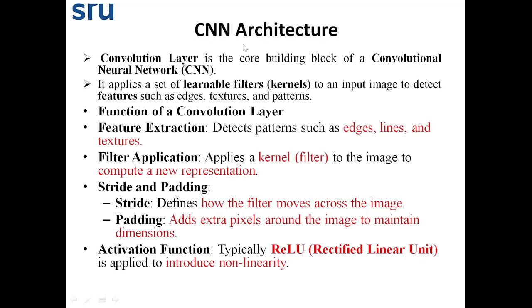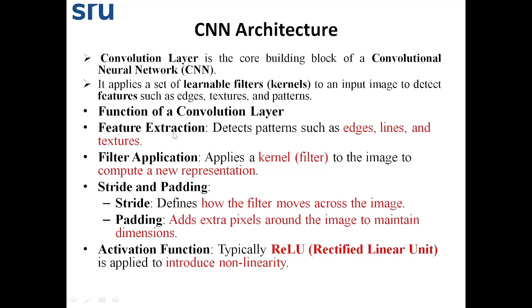Convolutional neural network architectures. Convolutional layer is the core building block of convolutional neural networks. It applies a set of kernels to an input image for detecting features such as edges, textures, and patterns. What is the function of convolutional layers?